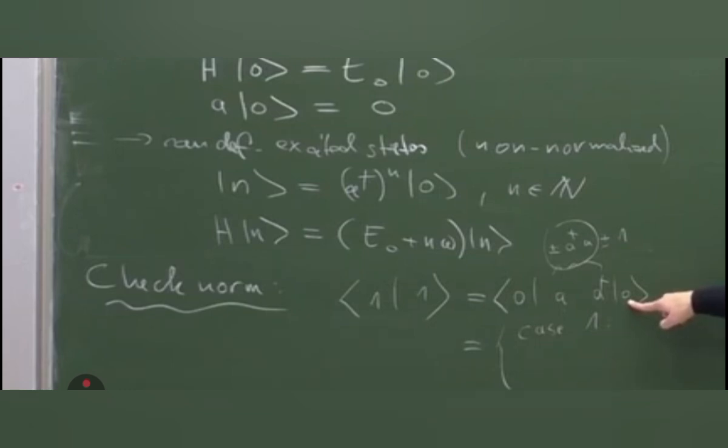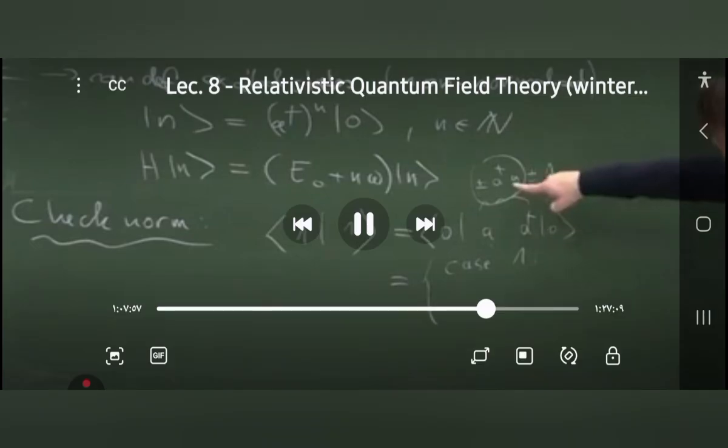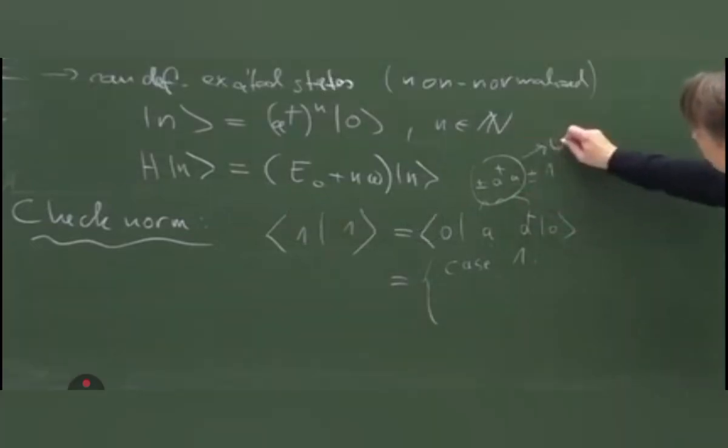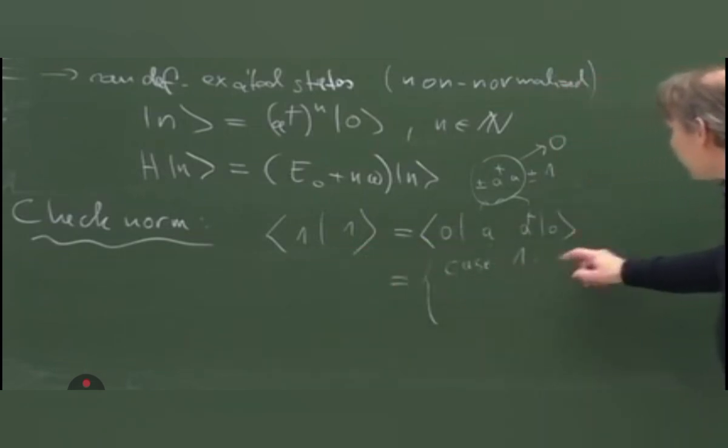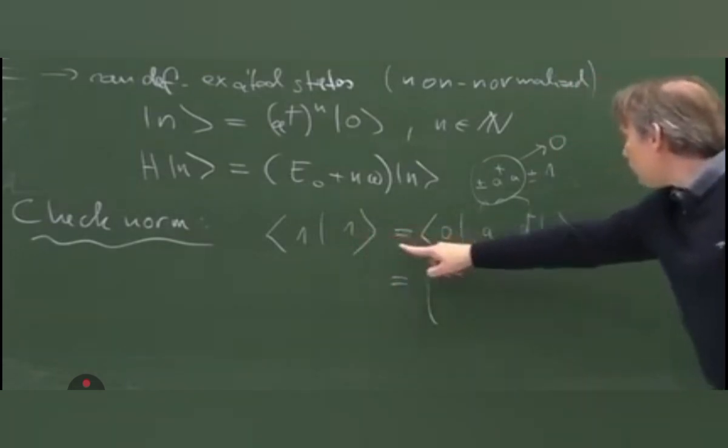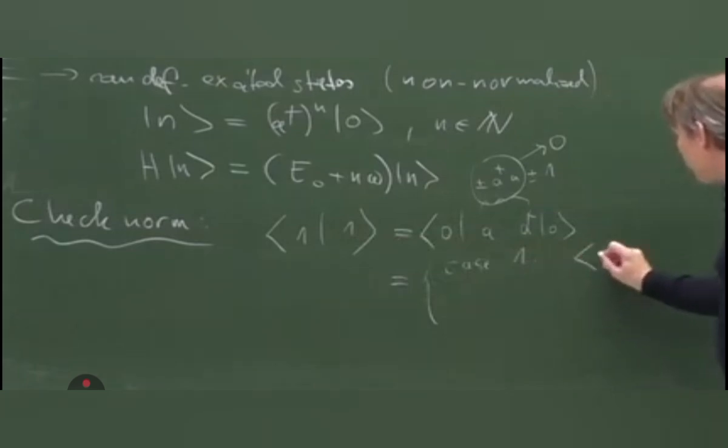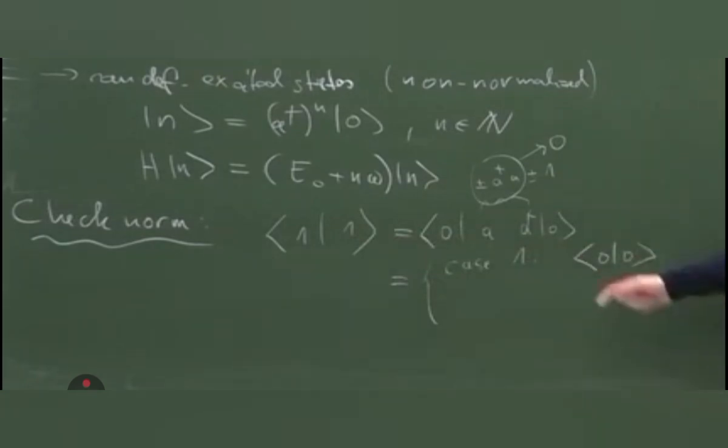Yes, we get 0 because A hits the vacuum, and so that gives 0. And so the only thing that remains is the plus minus 1. So therefore, in case 1, the norm of our state 1, 1 is the same as the norm of our 0 state. It's equal, 1, 1 equal 0, 0.